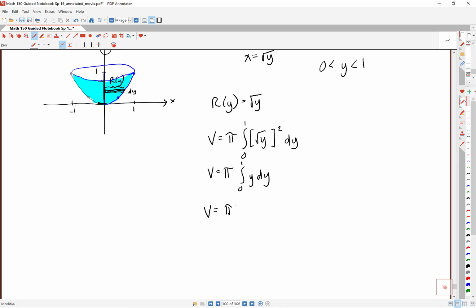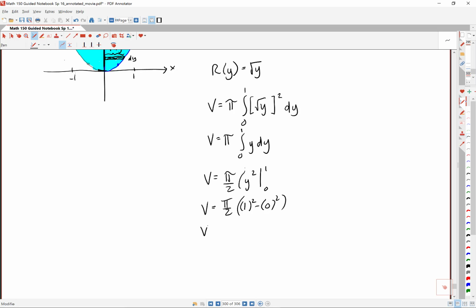and we'll have pi over 2 times y squared evaluated from 0 to 1, and we'll get pi over 2 times 1 squared minus 0 squared, which gives us pi over 2 square units.